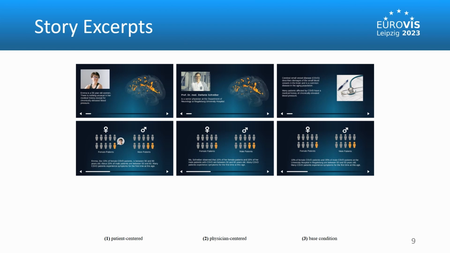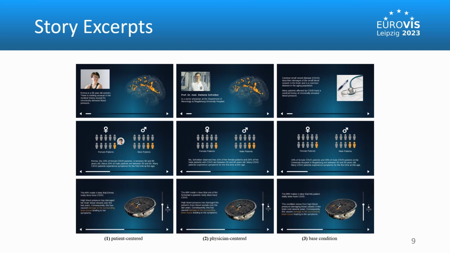For the physician-centered story, we use "Mrs. Schreiber observed that 10% of her female patients and 20% of her male patients with CSVD are between 50 and 60 years old." And for the base story, we used "10% of female CSVD patients and 20% of male CSVD patients at the University Hospital in Magdeburg are between 50 and 60 years old."